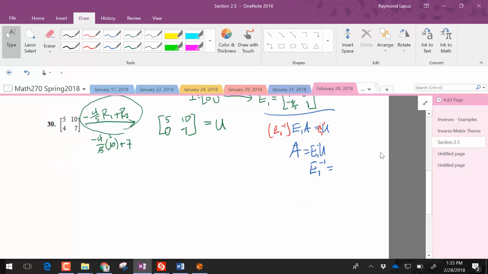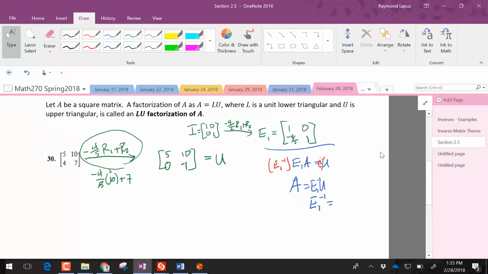So now that we have that idea, this is 1, 0, positive 4/5 and 1. So guess what? A lower triangular matrix has ones in the diagonal. That is exactly your lower unit triangular.